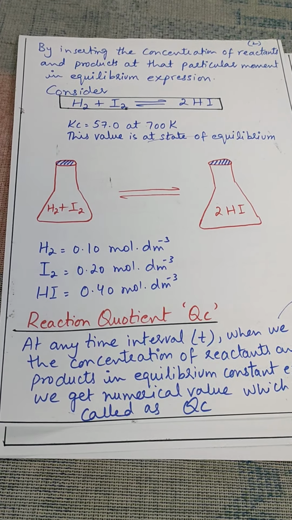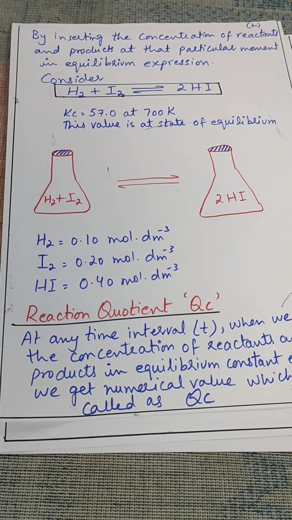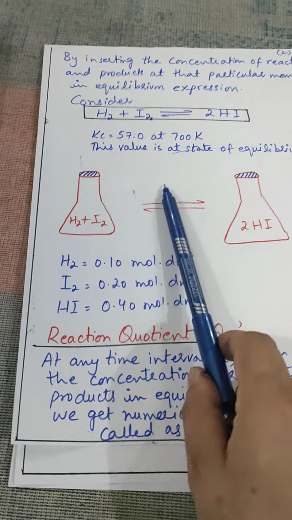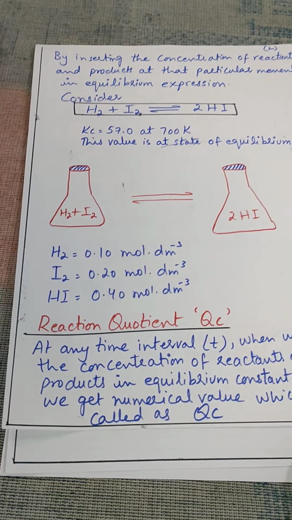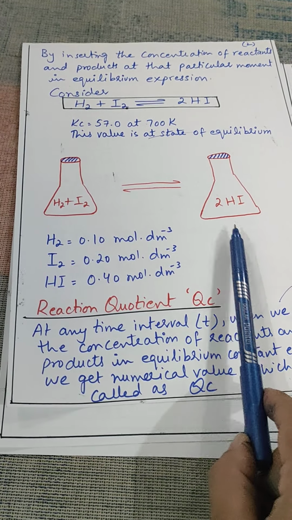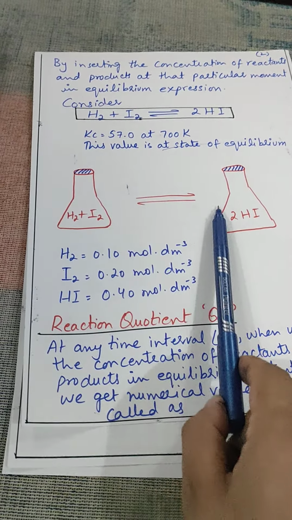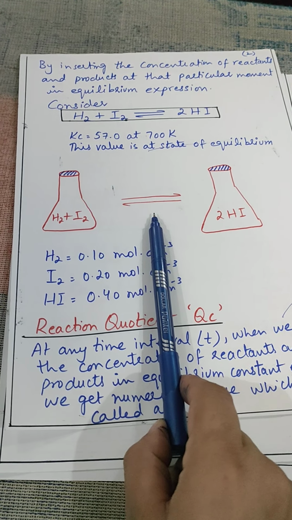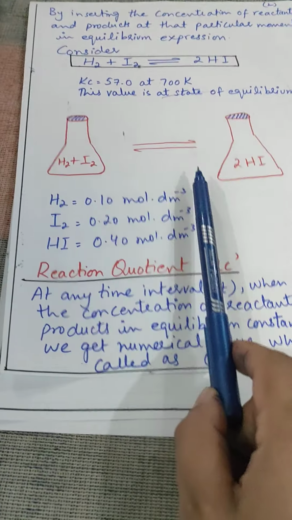The Kc for this reaction is already calculated, and that is 57.0 at 700 Kelvin. This value is at the state of equilibrium. These are the reactants and this is the product. This sign shows the nature of the reaction. It means that this is a reversible reaction.